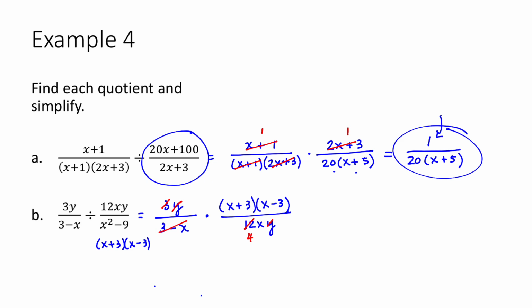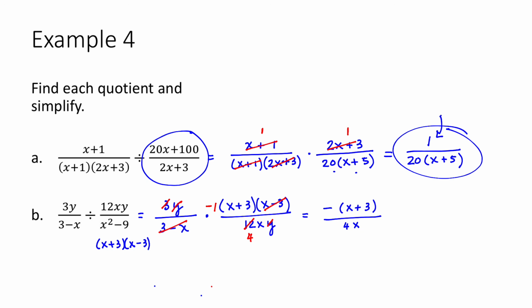And I have a 3 minus x and an x minus 3, which almost cancel. It cancels in that way that makes a negative 1. So my numerator, I have a negative times x plus 3. And then in the denominator, I have 4x.